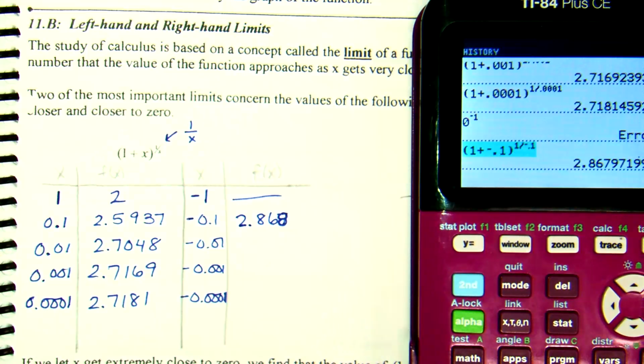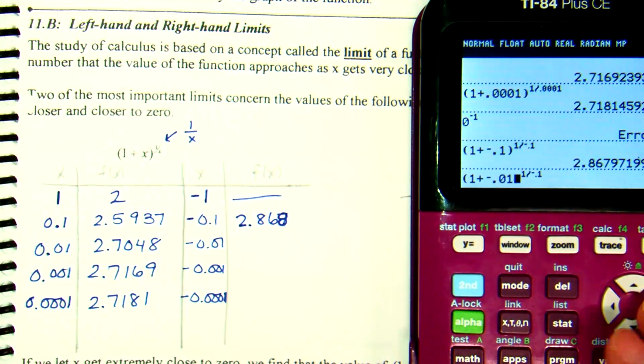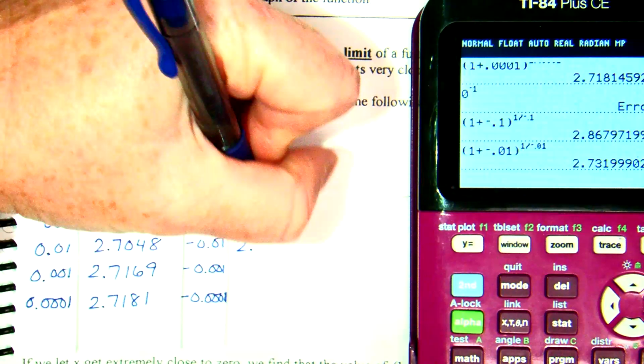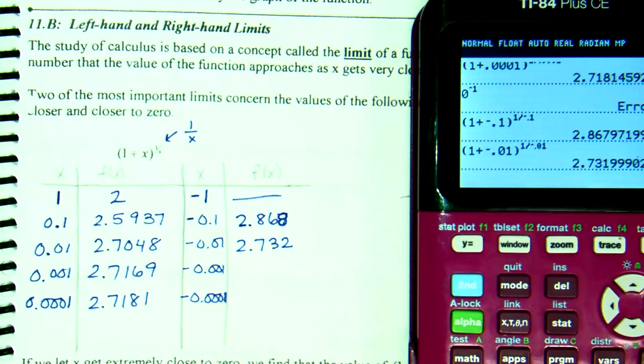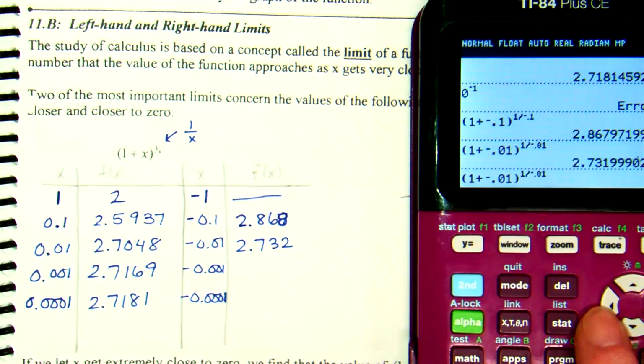Now do -100th instead of a 10th. 2.7319, but really it goes up to 2.732. Plug in -1,000. 2.7196.